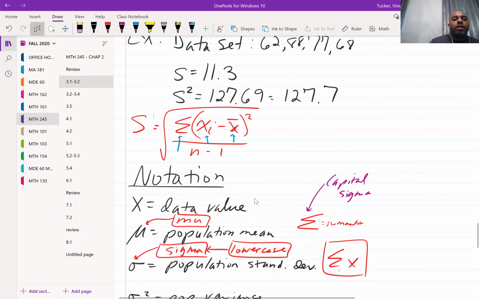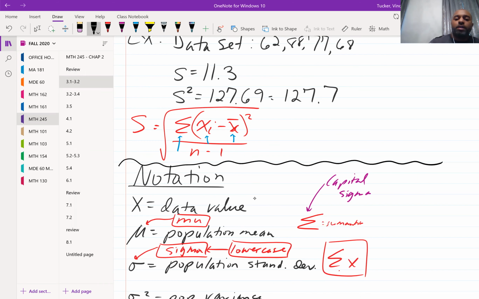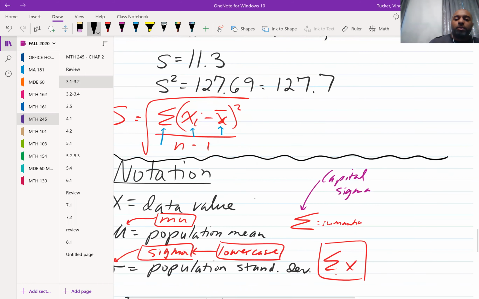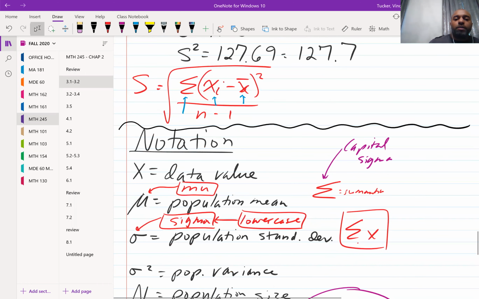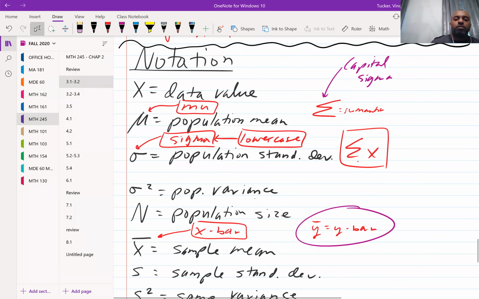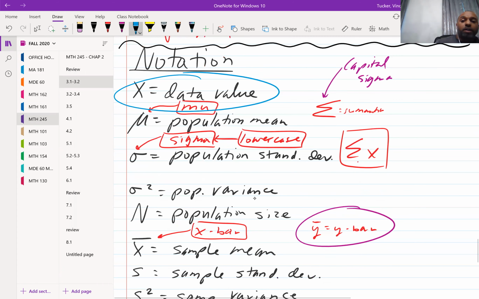All right. So this is the formula right here, as you wanted to know, but it can be a little involved, especially once you get larger than 20 data values. But yeah, let's look at notation. The first thing is that X is going to represent our data value.